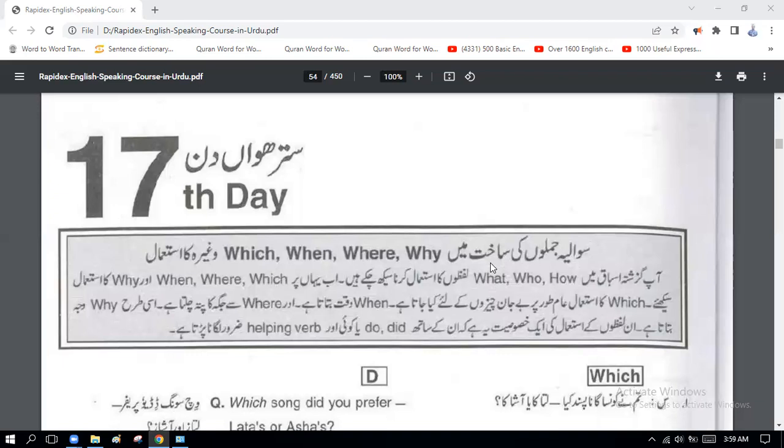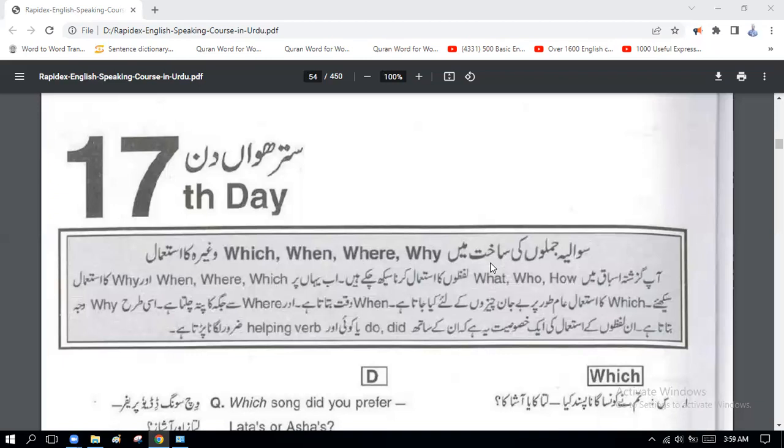When we are answering a question, and when the question is beginning with why, where, when, what, how, who, whose, whom, which, you need to give one detail at the end of your answer that you are giving to a question. So let us start.